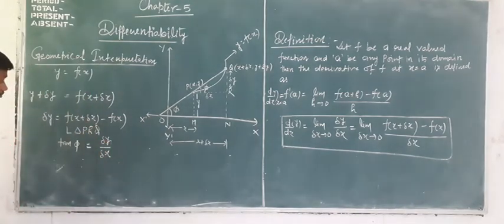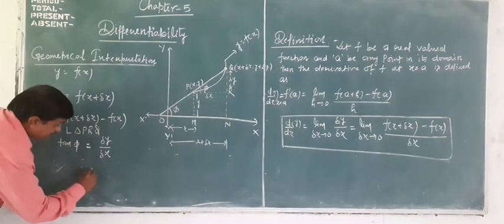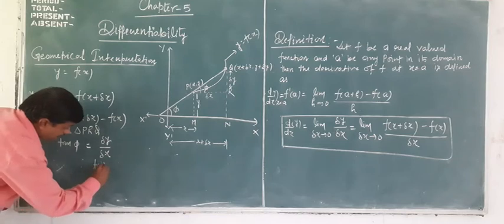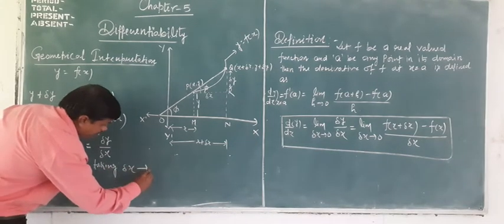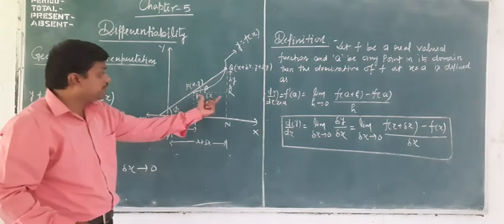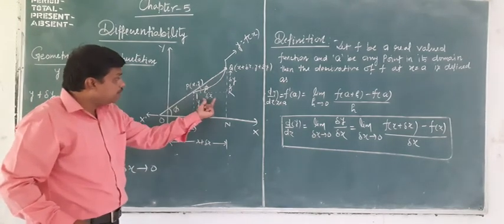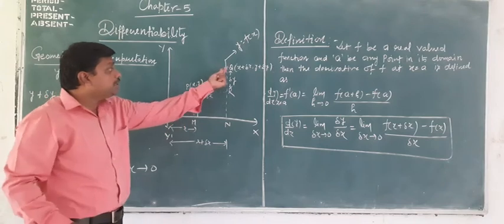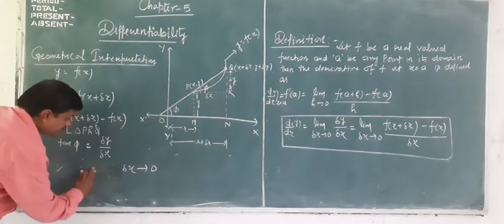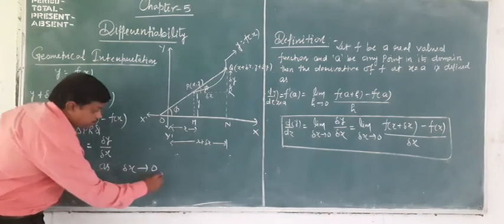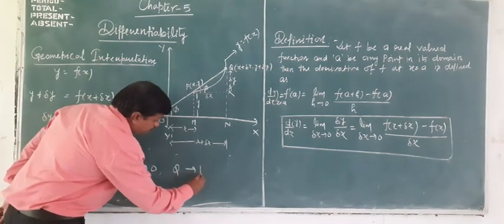If delta x is tending to 0, then Q tends to P. As delta x tends to 0, Q tends to P.